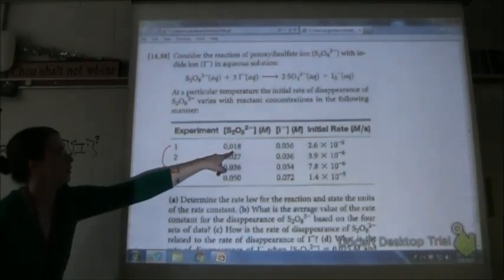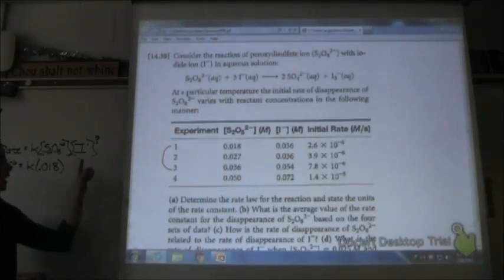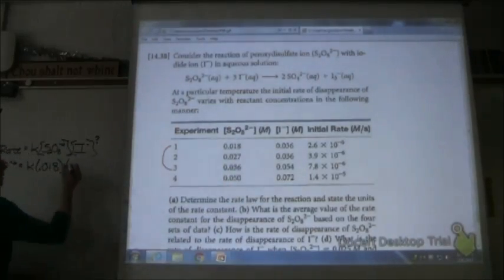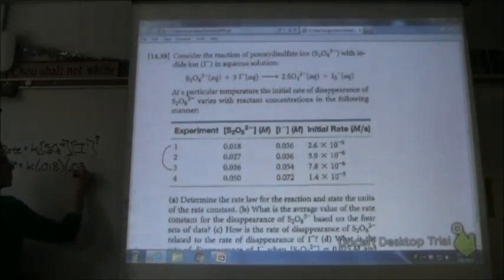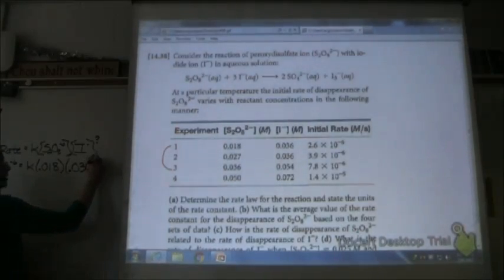On line 1, this molarity is 0.018, and I know with confidence that that is to the first power. That I am sure of. The other one, I don't know what the exponent is. I'm going to call it x, because I don't know.